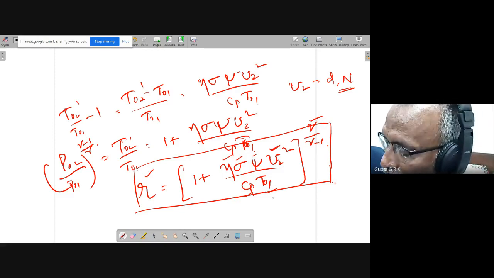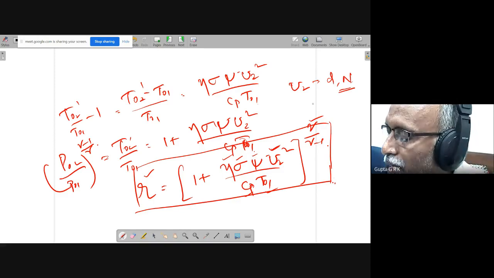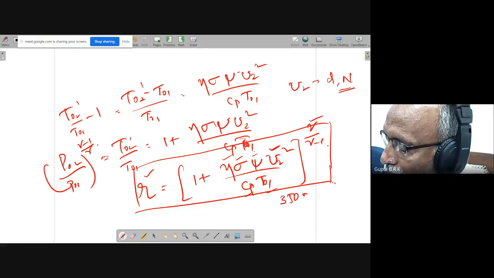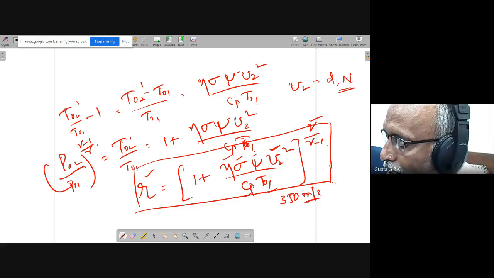So usually the speeds are restricted by centrifugal forces. Normally 350 meters per second is the limit with the normal materials, and up to 450 meters per second I can use.